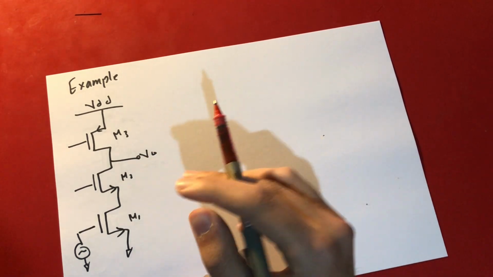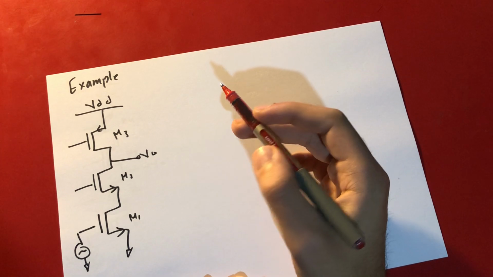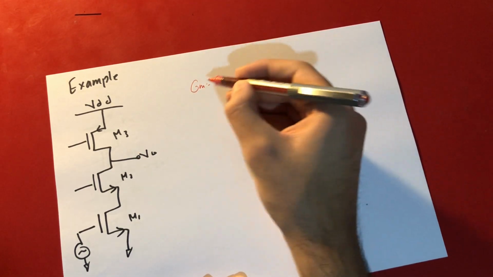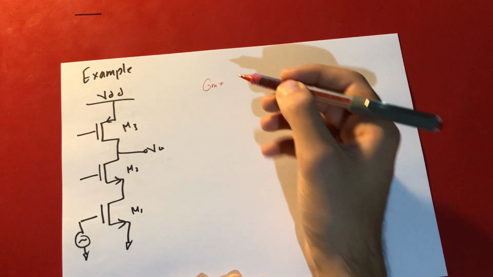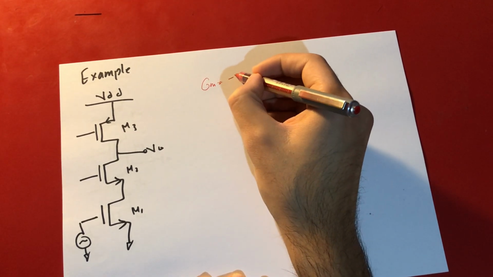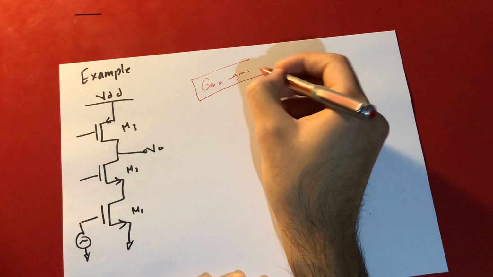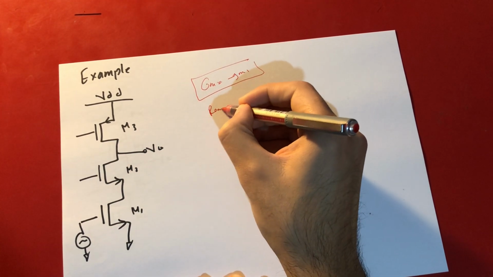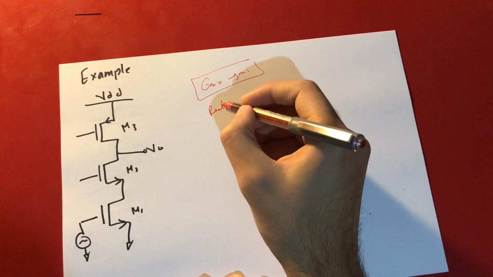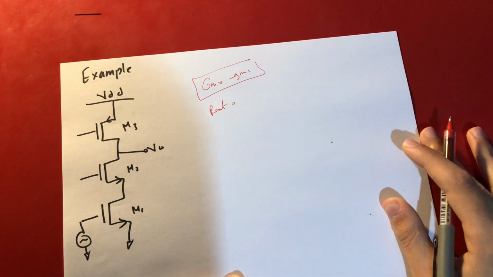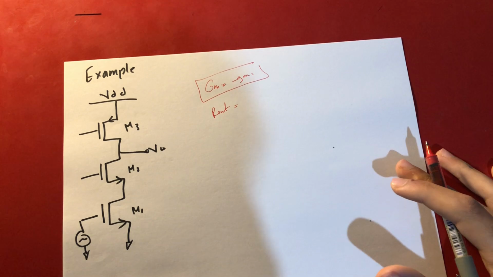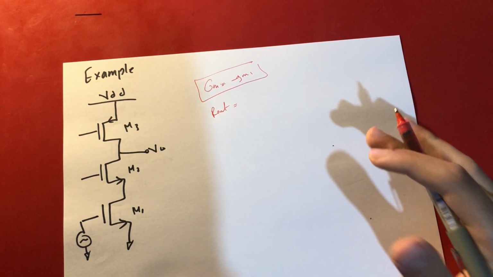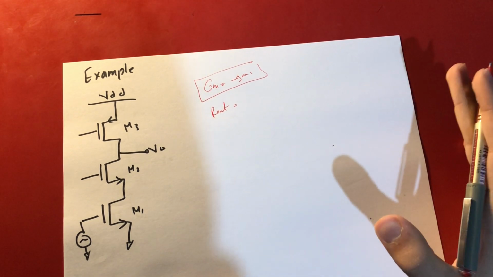The same example. First, we have to find GM. Now we can analyze this circuit without using the small signal model. GM is just minus GM1, the one that has the input signal, right? Then R out. Now remember, when we use AC analysis, we always short circuit the DC voltage, right?